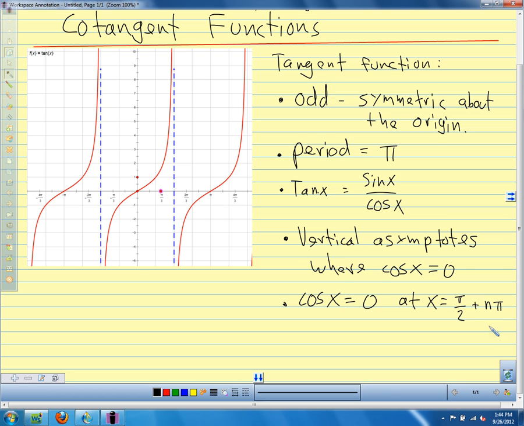So every time we go halfway around our circle, the cosine of our number is 0. Halfway around the circle is pi units, so if we go pi units around our circle, we get back to the same value of cosine. And so cosine is 0 when x is pi over 2 plus n pi, where n is an integer.